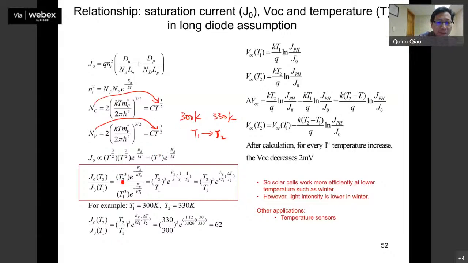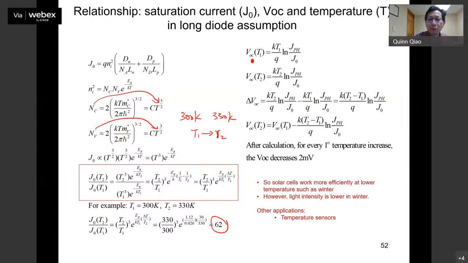You plug 330 in here, you plug 300 in the other. You use this equation, and you find that even if the temperature only changes by 10%, from 300 to 330, now you see the saturation current increases by 62 times. It's huge, okay?